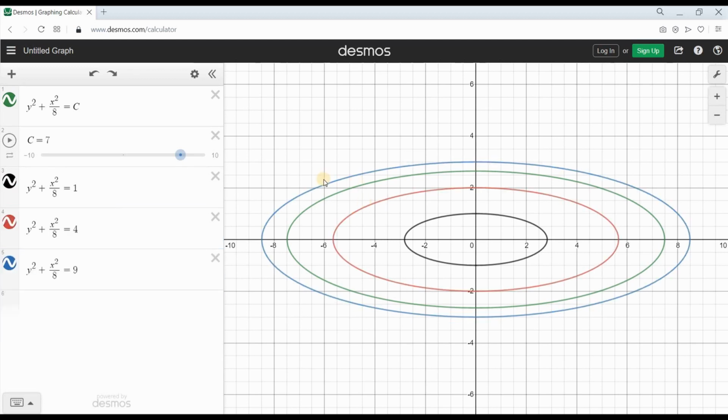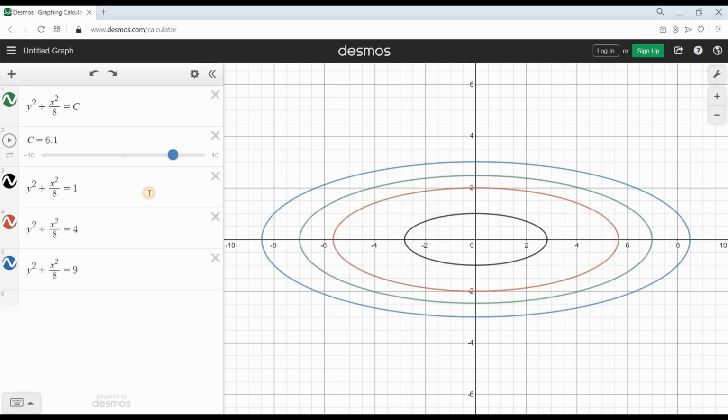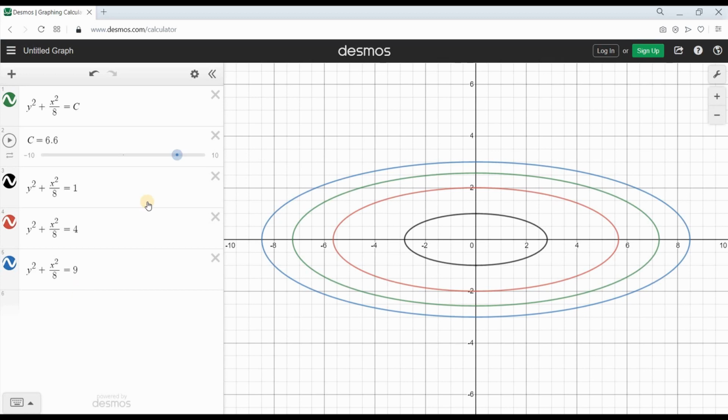So the black, red, and blue ellipses here are for these 3 different values of c. The green line is the ellipse that you can generate by changing the c manually on this slide bar. Now this was for t equal to 2 seconds.